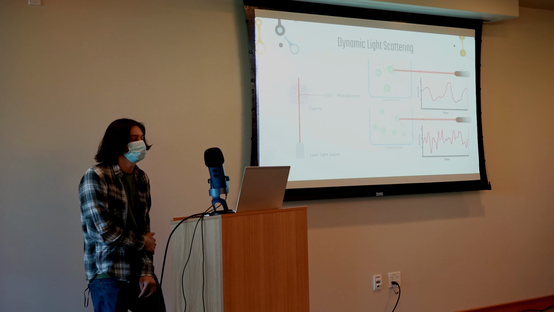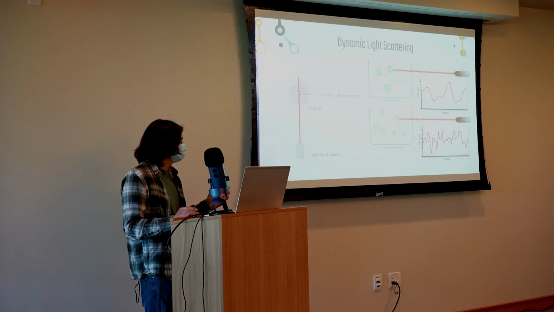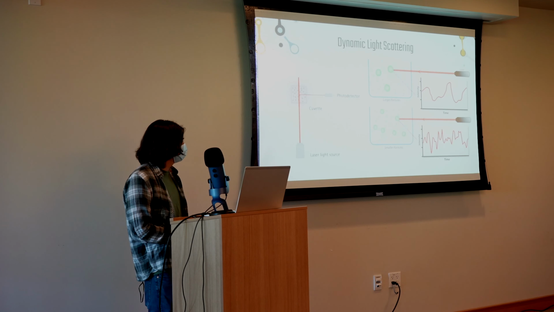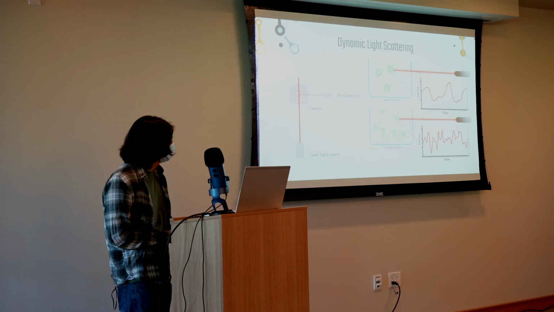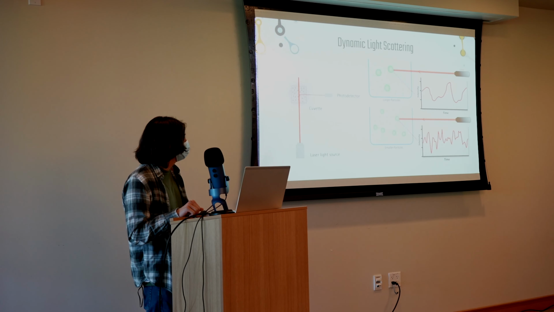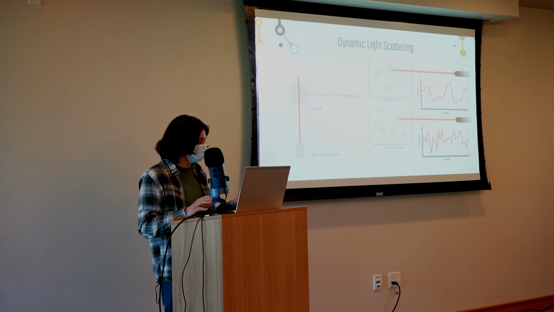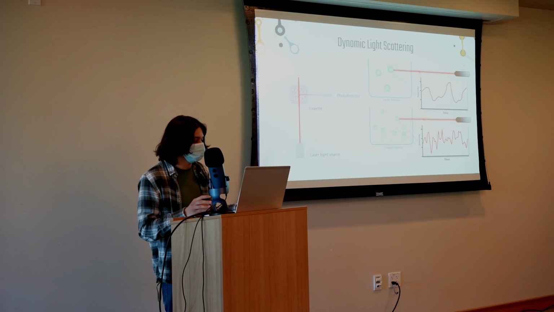Dynamic light scattering. Here's a rough image of what is occurring when I say dynamic light scattering. We have a laser that shoots through our solution that is, again, either in a solution or suspended in the air. And the laser records the intensity and the time of these particles.